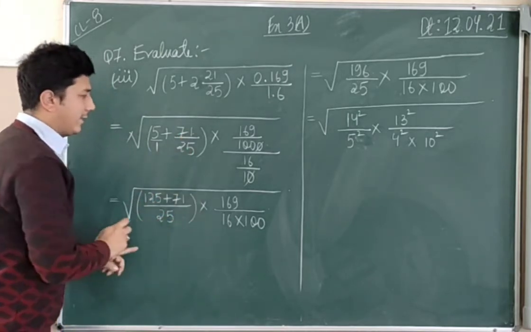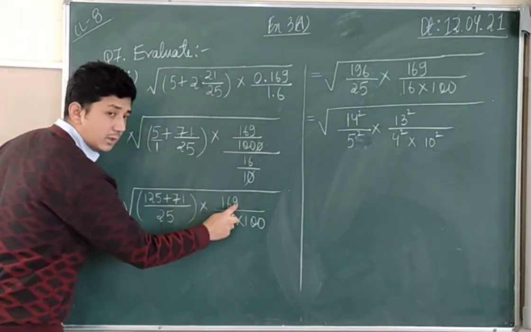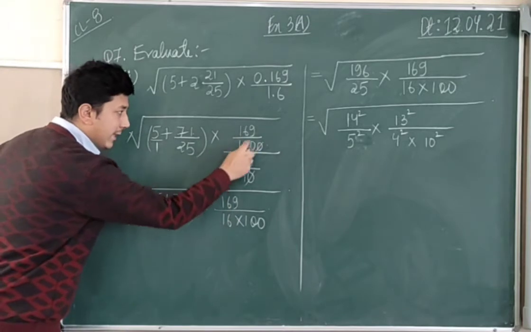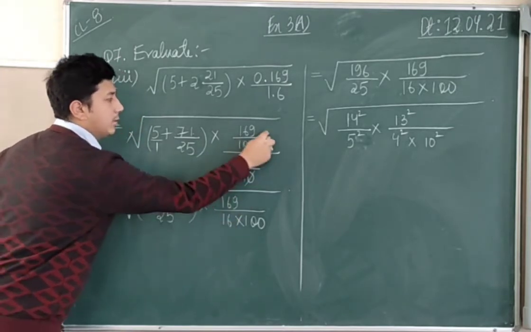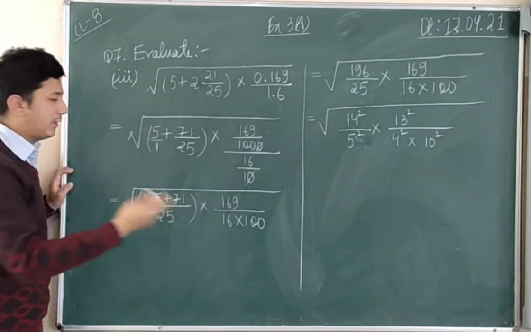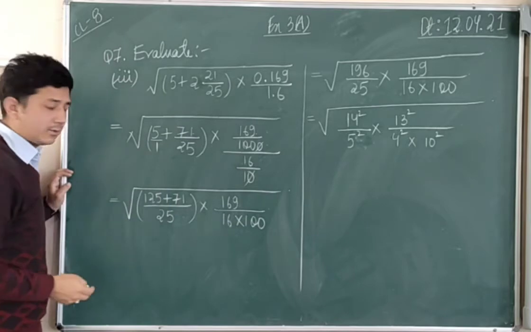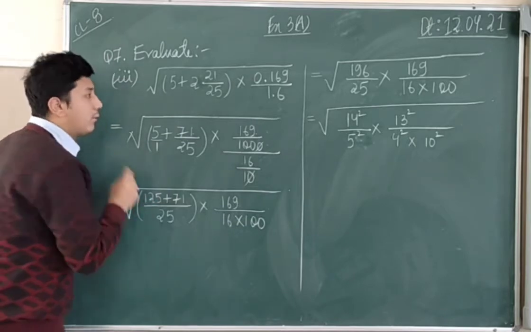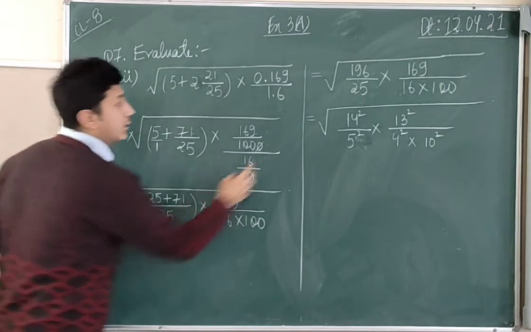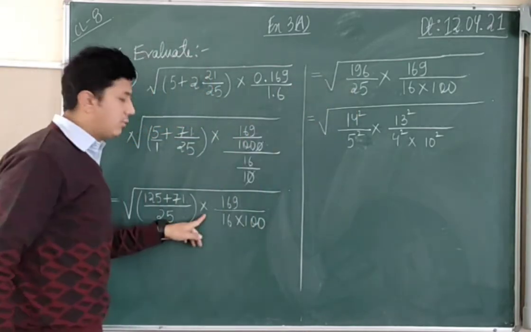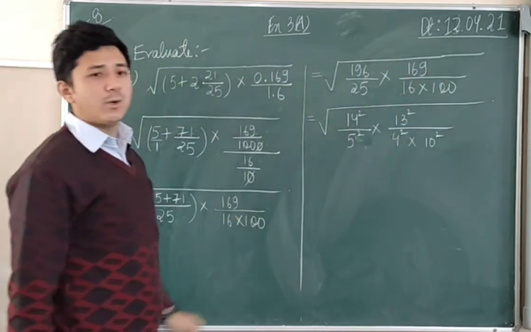So within the bracket, into 169 divided by 100 into 16, because this one goes up and multiplies with 169, it remains as 169. Okay, so within the square root I'll be getting this. 125 plus 71 becomes 196. So 196 by 25 into 169 divided by 16 into 100 is what we get.